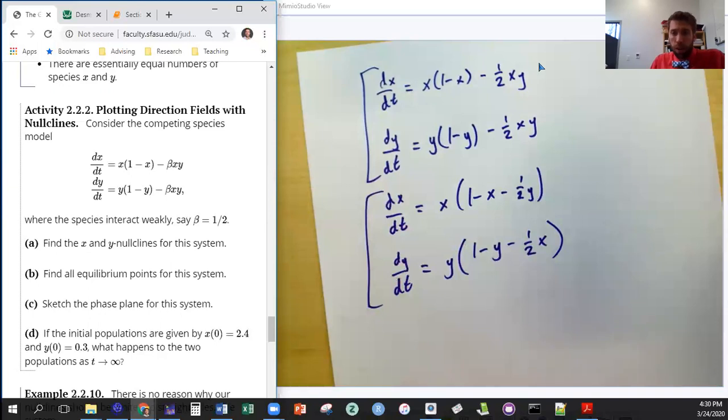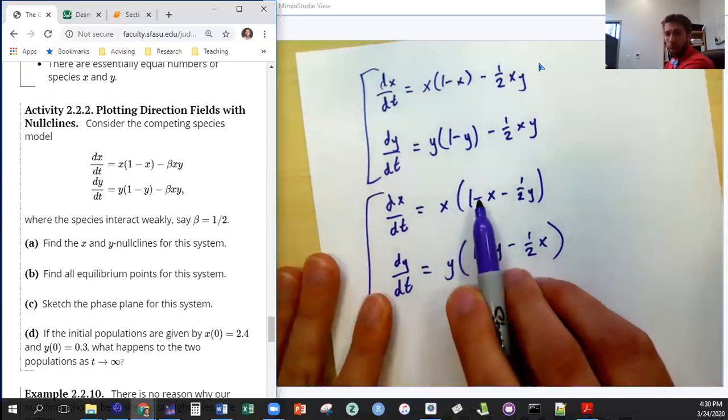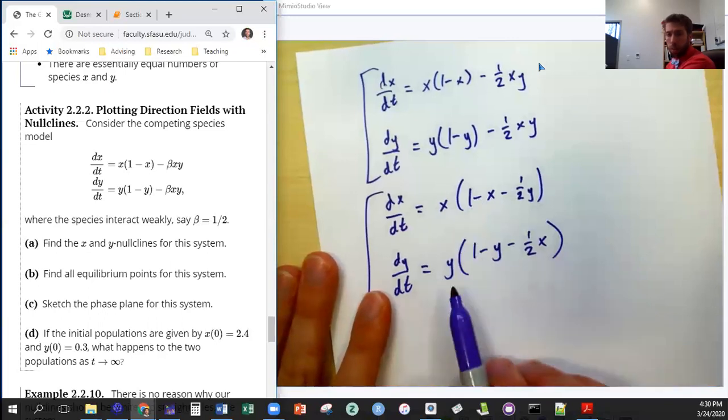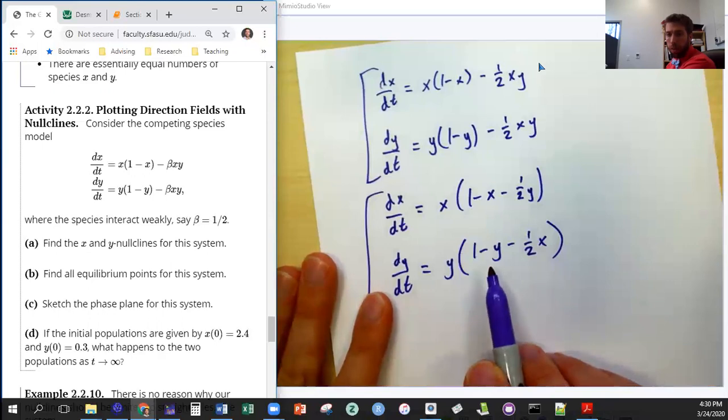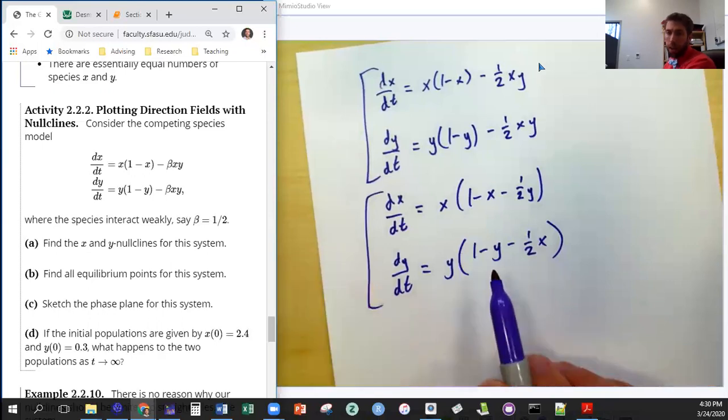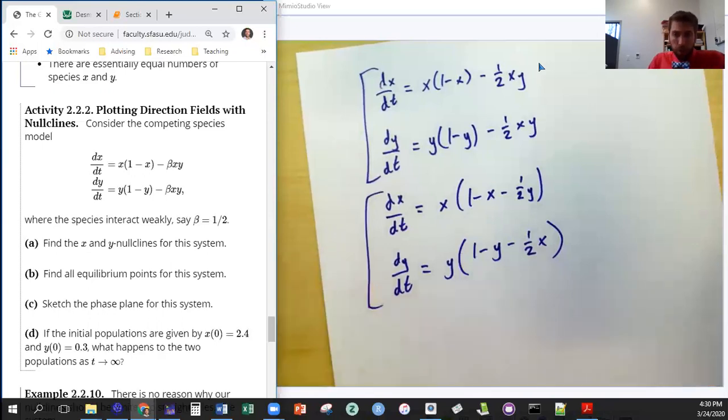We can set both of these equal to 0 to find null lines for x, and both of these equal to 0 to find null lines for y. And anywhere they're both 0 would be an equilibrium point for the system.